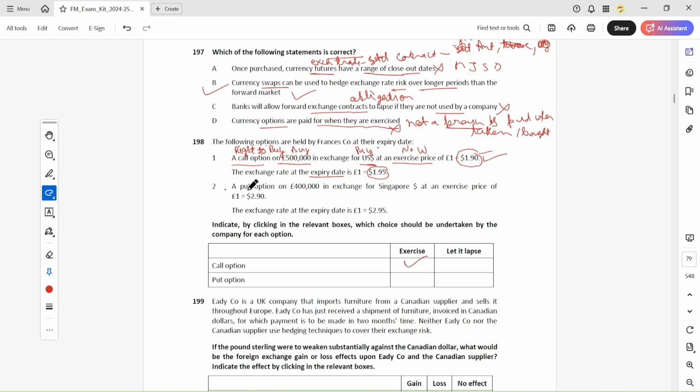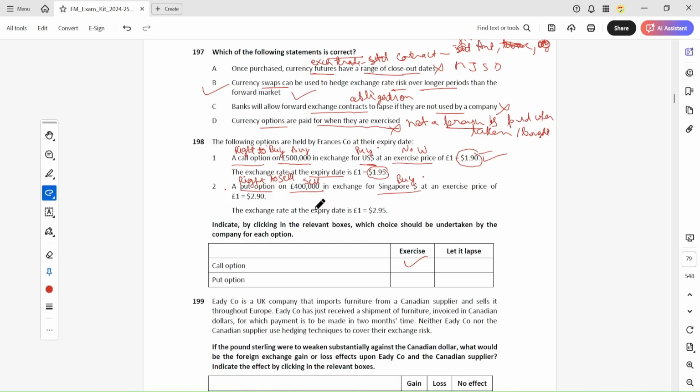Okay. But next is put option. Right to sell. Which currency? This one you will sell, and this one you will buy.